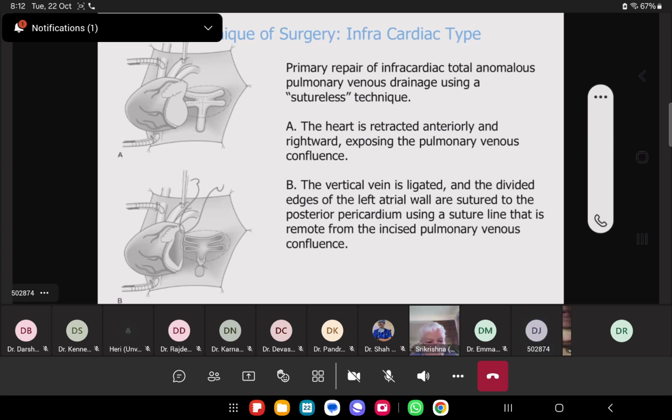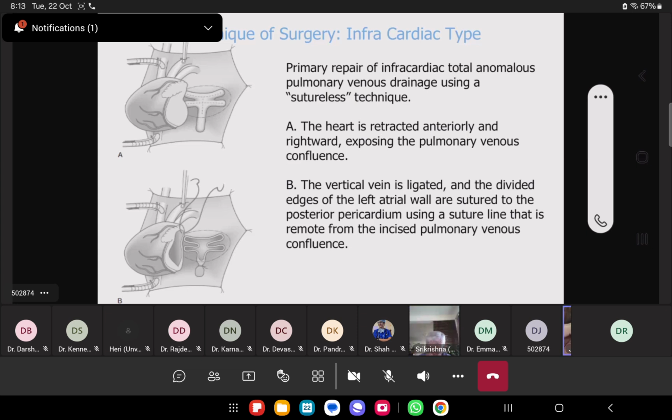The obstructed type, hardly any patient survives more than 2 months, whereas in the non-obstructed type, about 2/3 to 75% of them die in the first year of life. And once that's over, they present like an ASD with recurrent respiratory infections and failure to thrive.